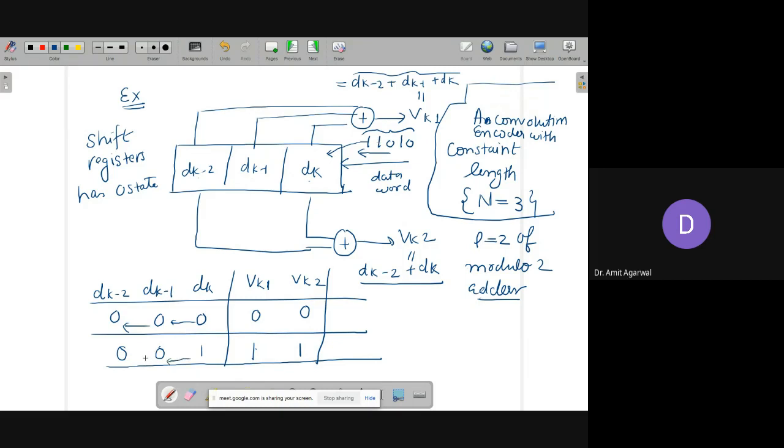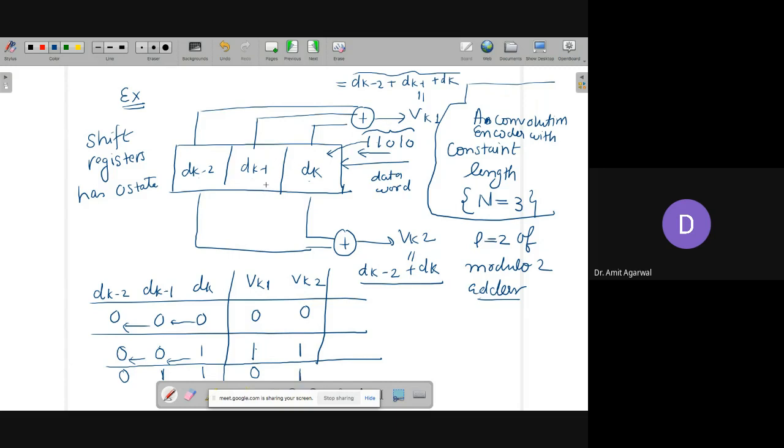So the 1 will come here, this 1 will be shifted, 0 will be shifted, and this 0 will get out of the shift register. Then vk1 is 0 because it is the XOR of all three, but vk2 is 1 plus 0, that is 1.